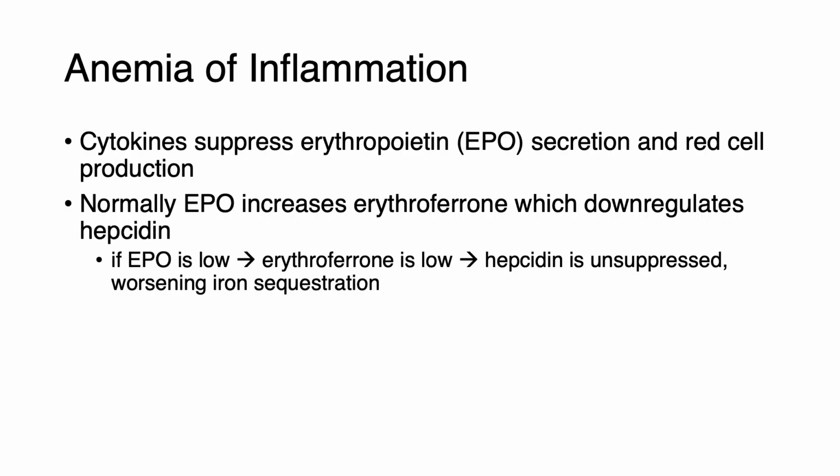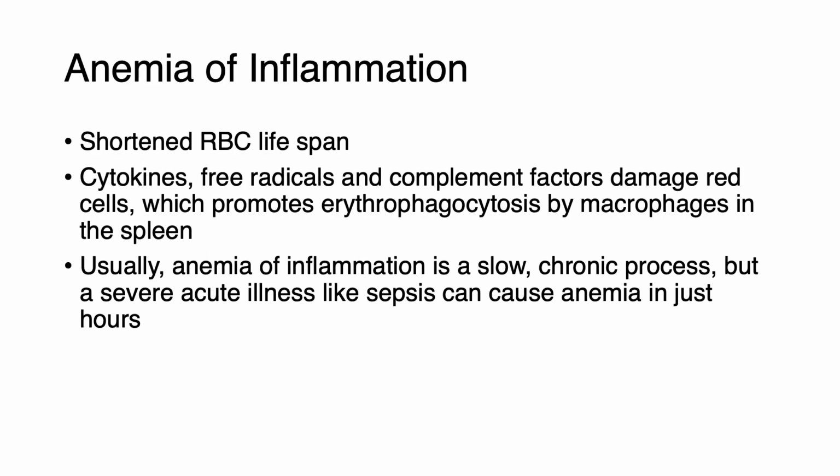Normally, your EPO increases a hormone called erythroferrone, which downregulates hepcidin. But if your EPO is low, your erythroferrone is going to be low, and that means your hepcidin is going to be unsuppressed. So that's going to worsen your iron sequestration. And then with inflammation, your red blood cells just have a shorter lifespan. So cytokines and free radicals and complement factors are going to damage your red cells.